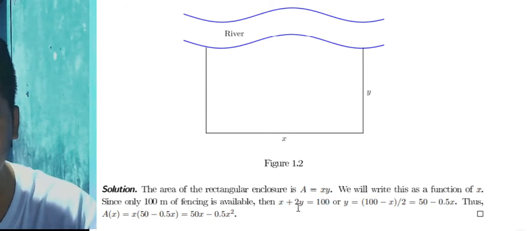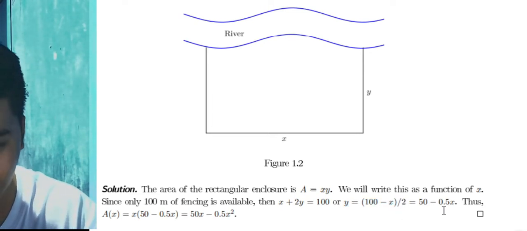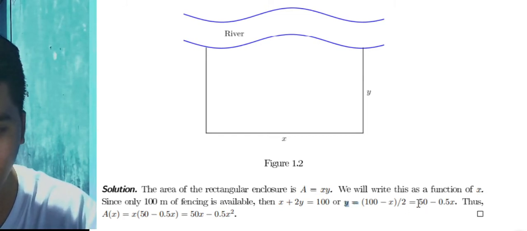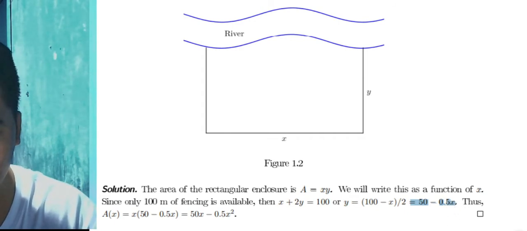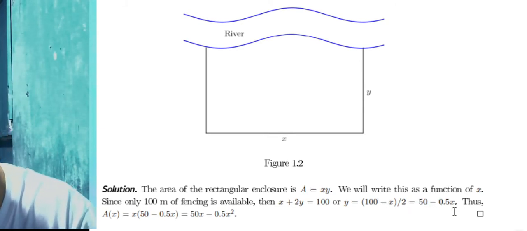Now if we put the x on the other side and divide both sides by 2, it will become y is equal to 100 minus x, all over 2. Then that would become y is equal to 50 minus 0.5x, because 100 divided by 2 is 50, and negative x over 2 becomes negative 0.5x.